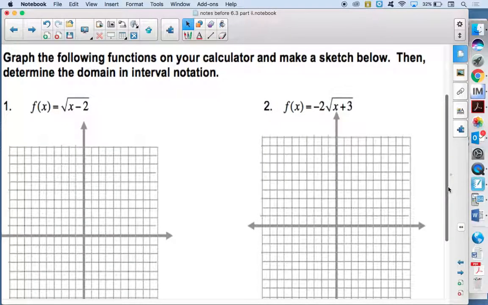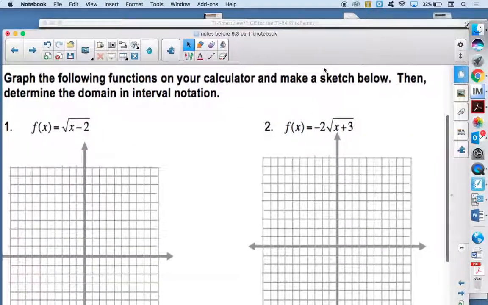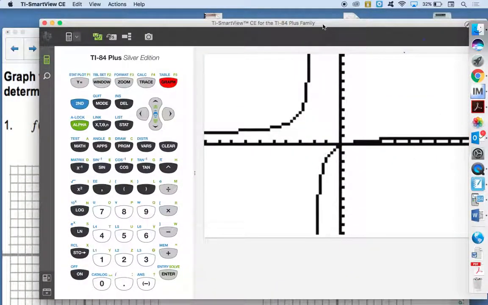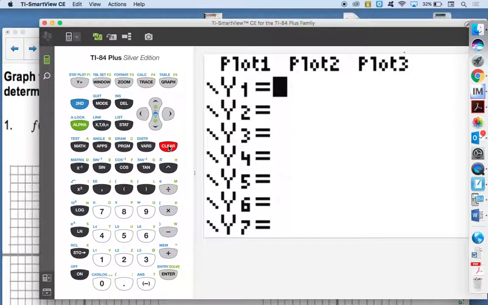So we're going to see if we can determine what's going on with the domain and range after analyzing some graphs. With your calculator, go to y equals. The square root button is second x squared.